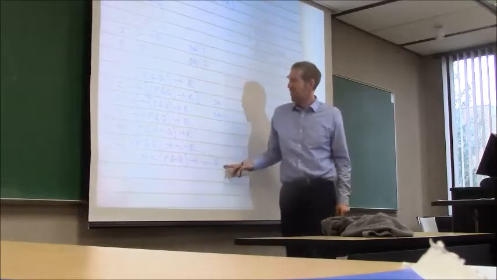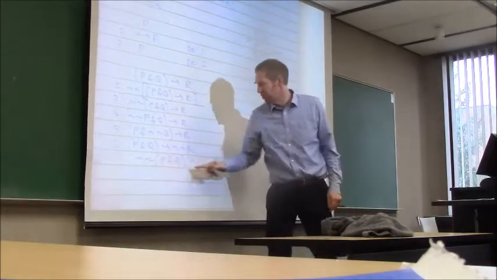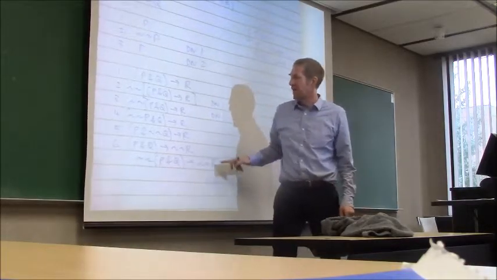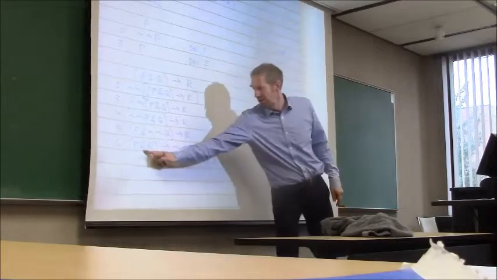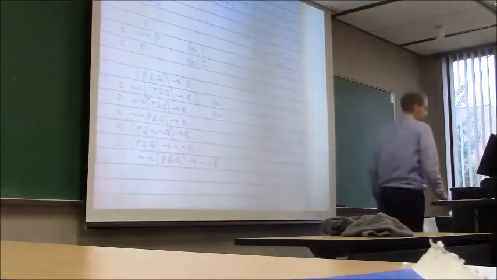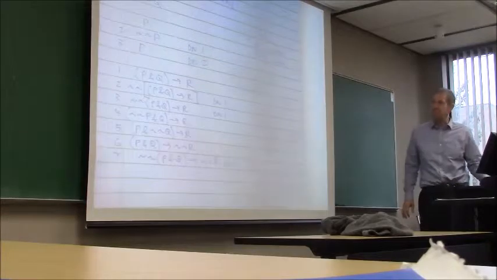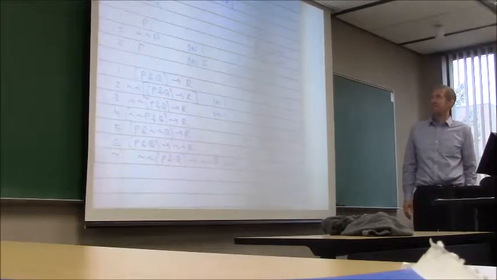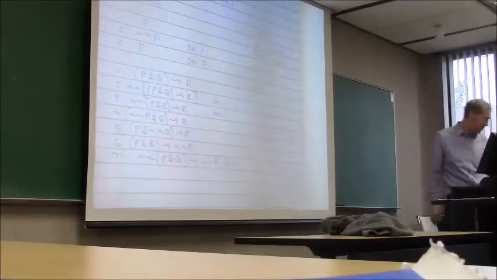So if I said that came from double negation from line 1, that wouldn't be right because I've done it twice. But if I said this came from double negation to line 6, then that would be okay because then I've only added one set of double negations. Okay so far? Make sense? All right. That's the most obvious of them.